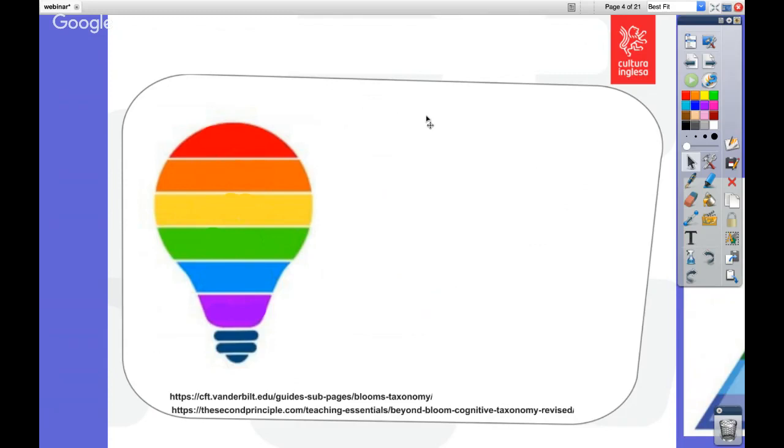I'm going to give you the levels. So we have create, apply, remember, analyze, evaluate, and understand. I'll give you 1 minute for you to write on the comments what is the order from the lower to the higher. Okay, I'll give you some time for that.